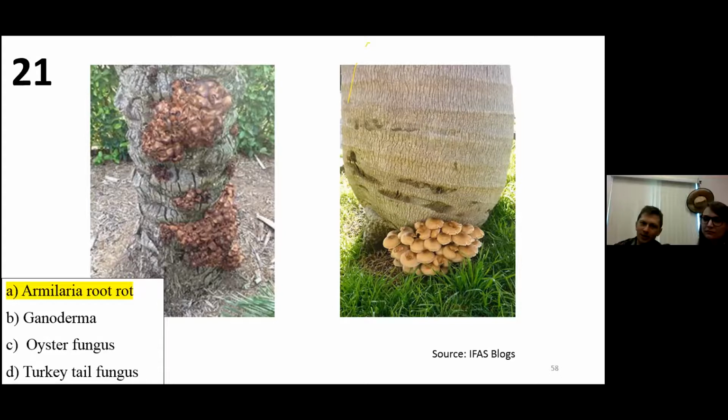It usually spends most of its lifetime below ground in the roots or in the plant itself, and it only fruits in a small window of time, like during specific times of year. But if you can catch it, it's a strong indicator that the tree is not doing very well. This is a very deadly disease for trees and palms, and it's one to be aware of for sure.